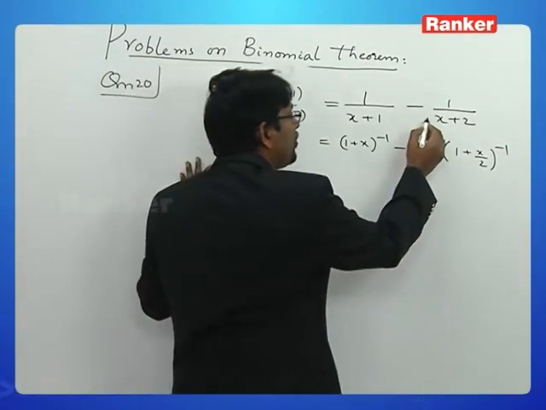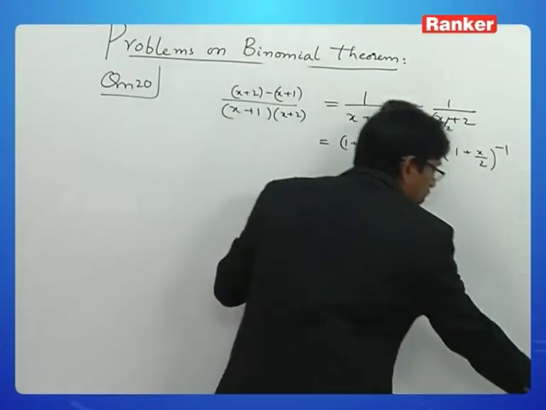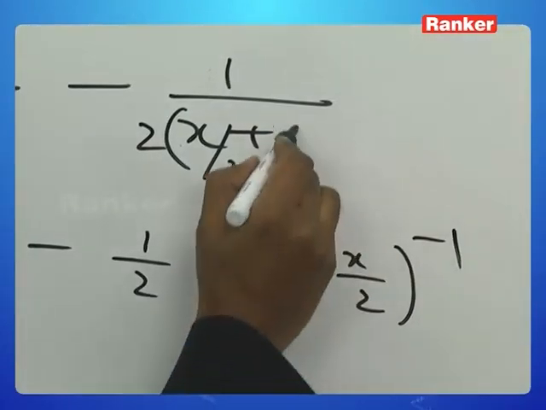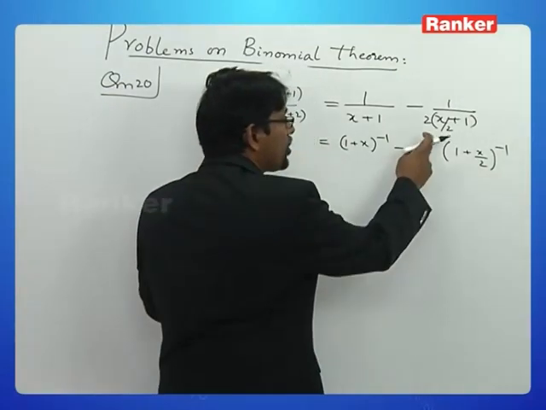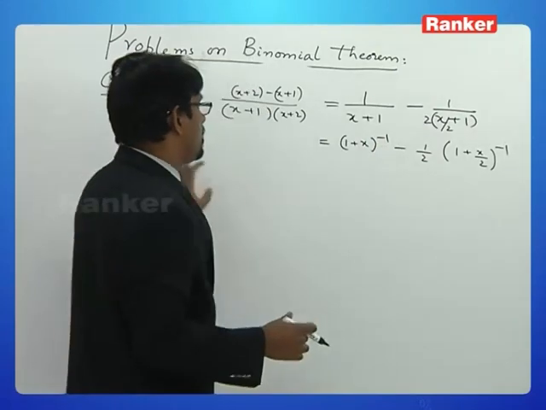What we do is, we take out a 2 common here, making it 2 into x by 2 plus 1. So this 1 by 2 retains as it is, 1 plus x by 2 raised to the power minus 1.